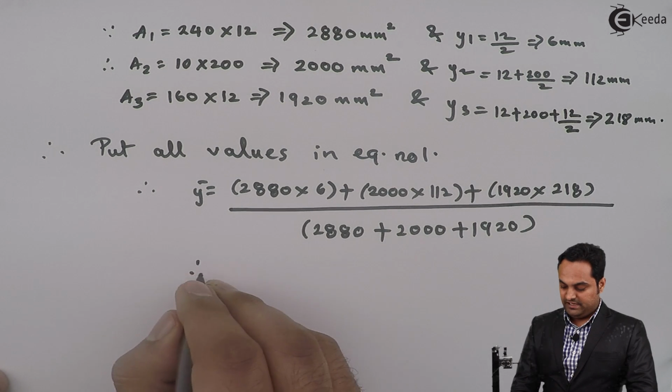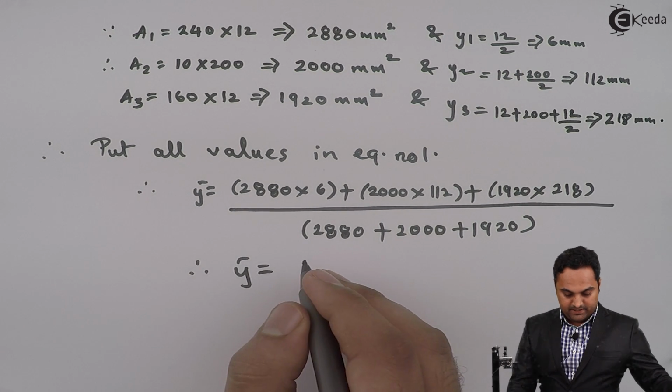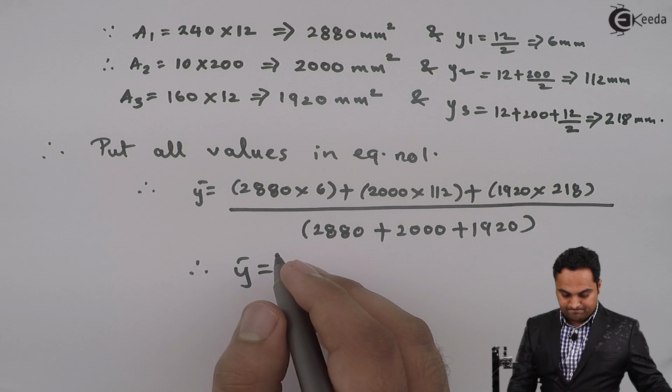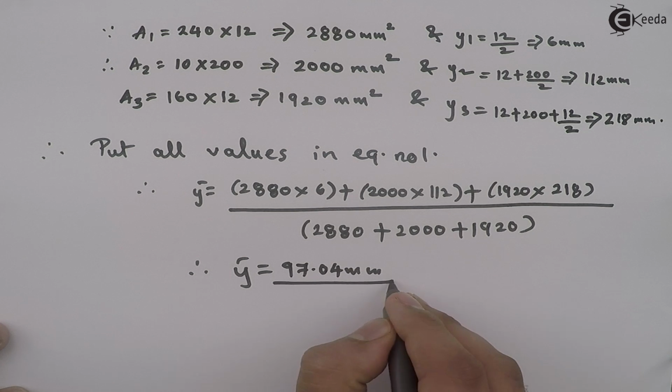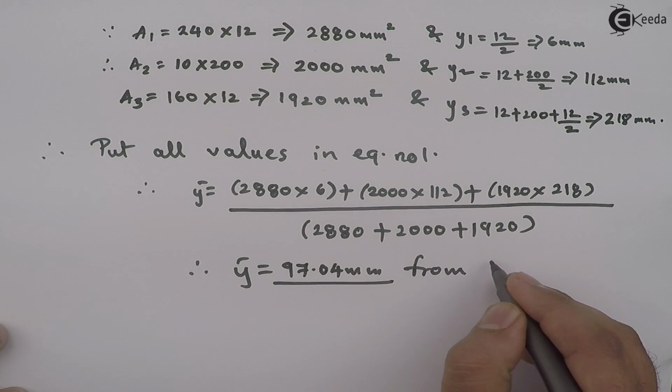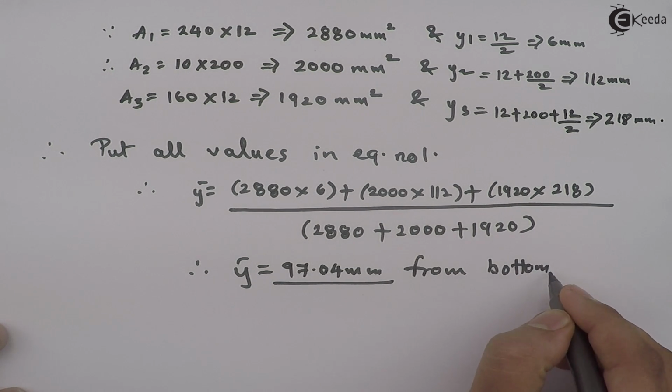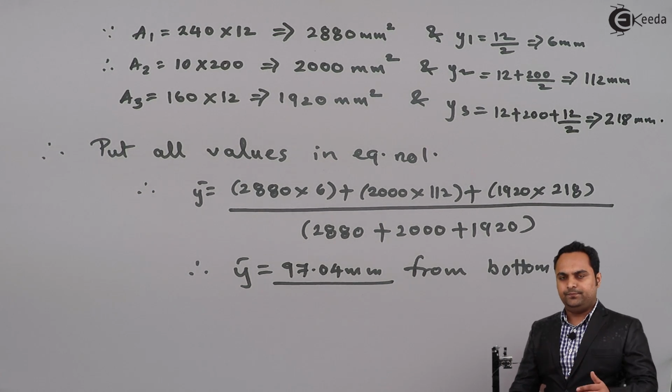So from this, if we calculate, the answer of y bar comes out to be 97.04 mm, and this y bar is from bottom because we have taken the references from bottom.